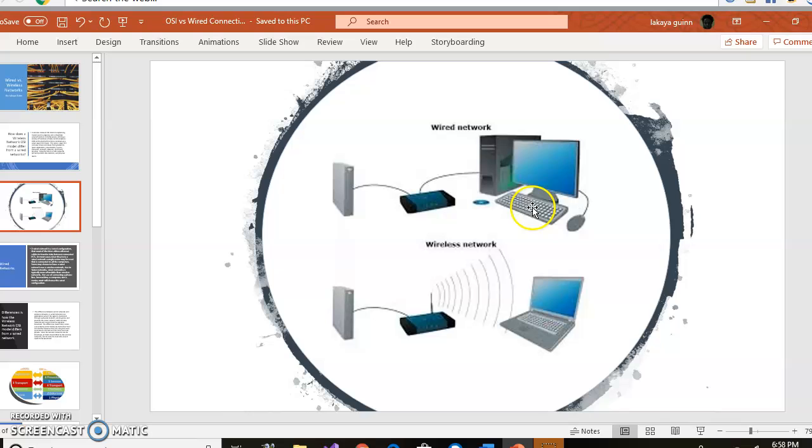Wired networks tend to utilize devices like a computer with a hard drive, with a keyboard and a mouse pad. So these things are wired. It's impossible for this type of device to run on a wireless network, meaning they have cords and they need to be connected to a modem.